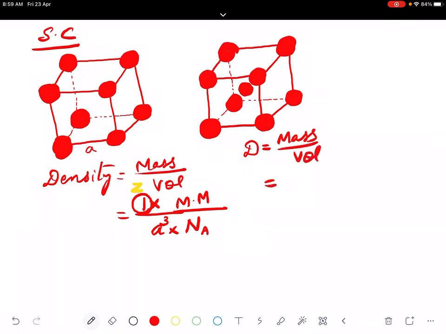How many atoms are present? Two atoms are present. 2 into molar mass, I am writing it as capital M, upon A cube Na. This 2 I can denote as Z generally. Now, what about FCC?